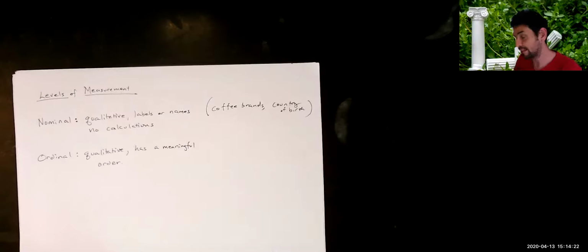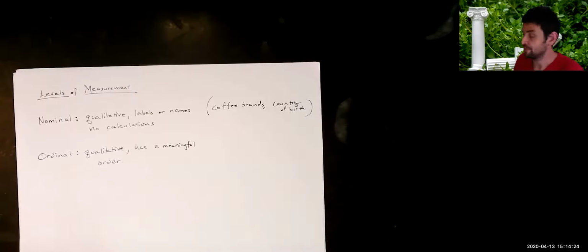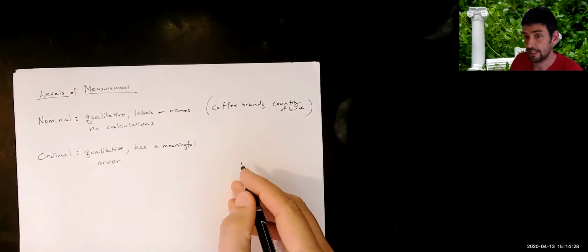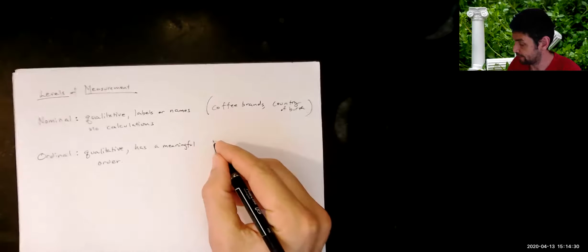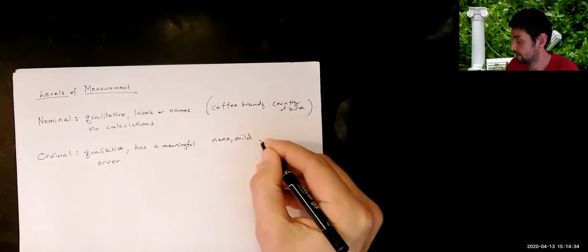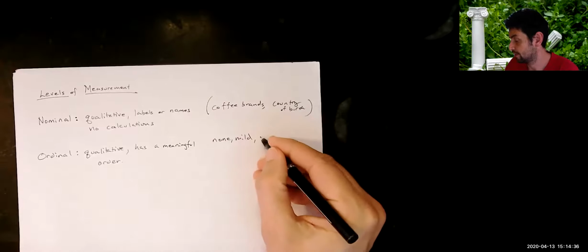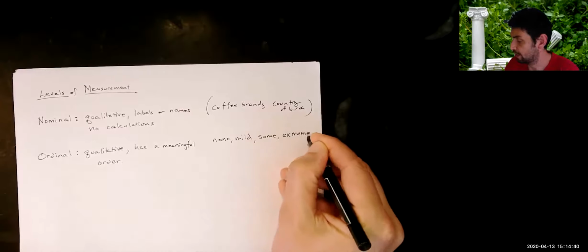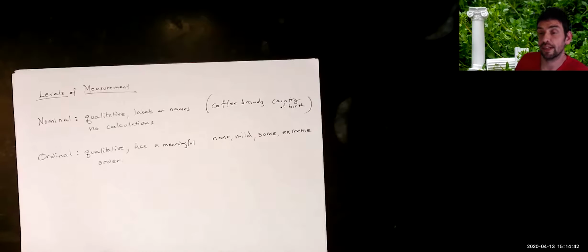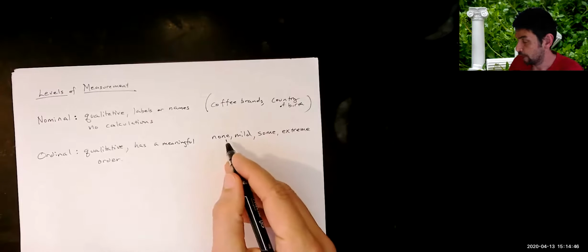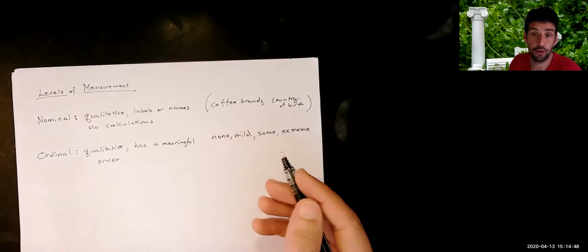So for instance, we talked about this in one of the earlier videos, if you were rating pain, right, you might get a scale that's something like none, mild, some, and extreme or something like that, right? So we're getting more and more pain as we move to the right. Or maybe when you do evaluations for the course, right?